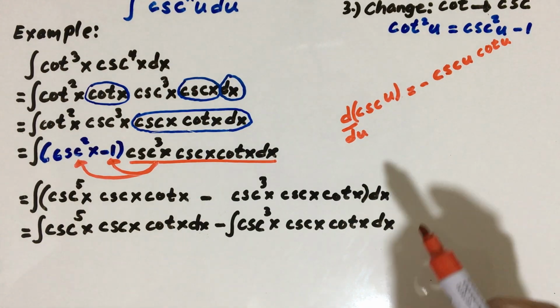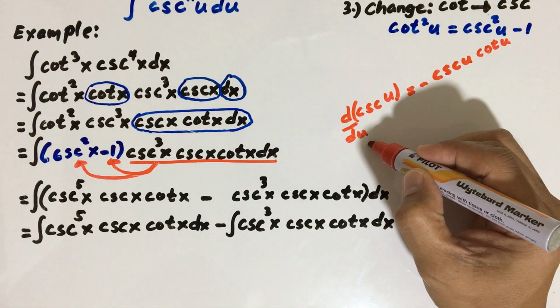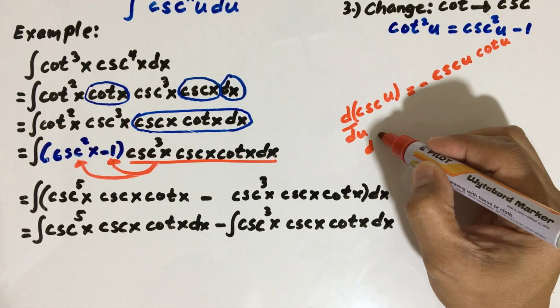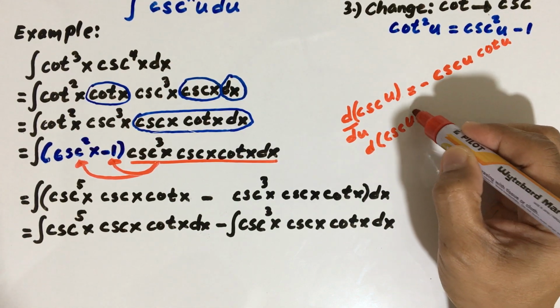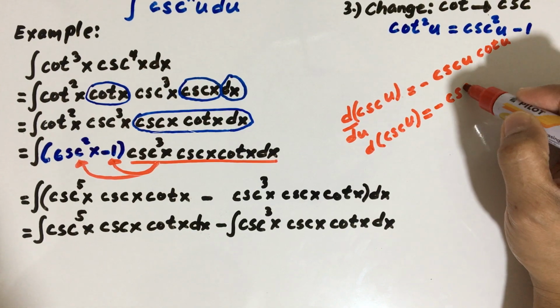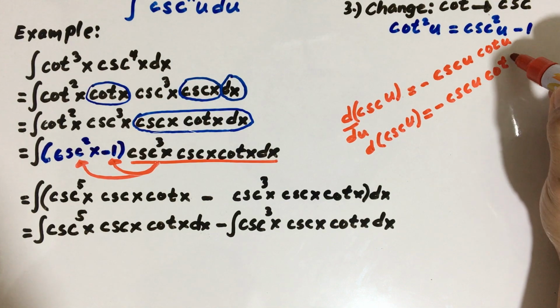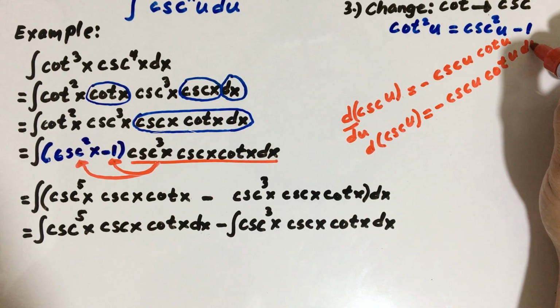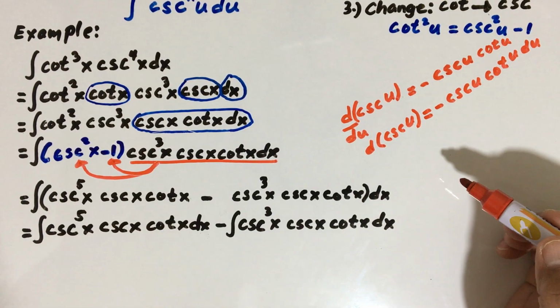Or if you multiply both sides by du, we have the differential of cosecant u equal to minus cosecant u times cotangent u du. So we have to make use of this formula class.